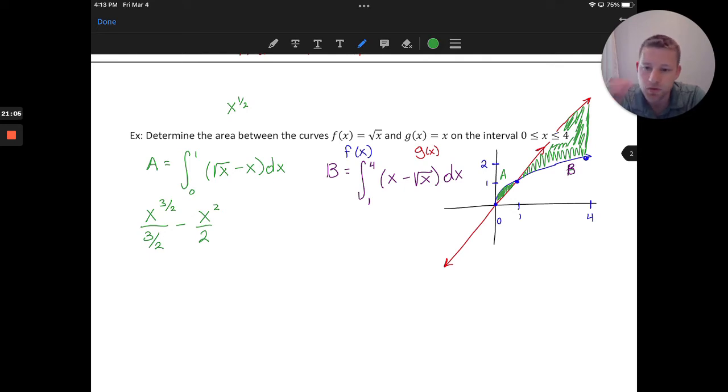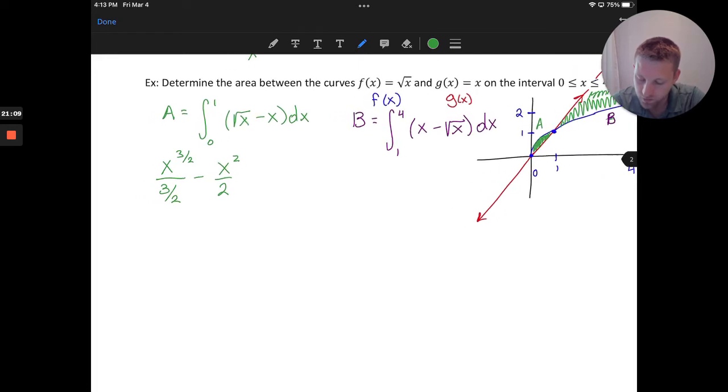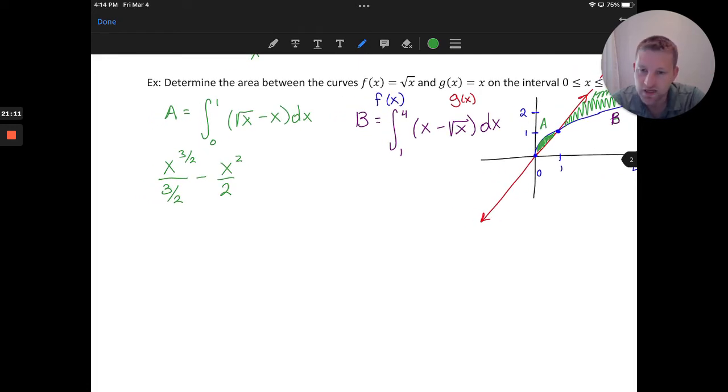If we clean this up just a little bit, I think we can work towards evaluating this. Dividing by 3/2 would be the same thing as multiplying by the reciprocal, and that would be 2/3. We'll have x to the 3/2, and then minus x squared over 2. And again here, we're going to evaluate this from 0 to 1 for that first integral.